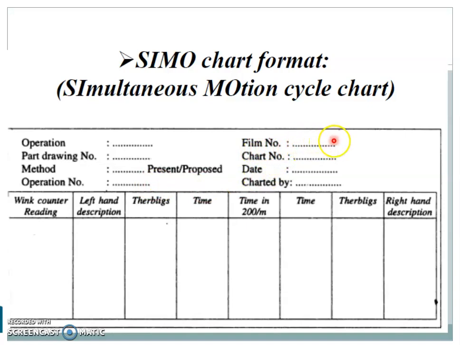As we know, various films can be prepared for studying various processes, therefore we have to write their film number, then chart number, date, and charted by. Who has charted, we have to write down there.